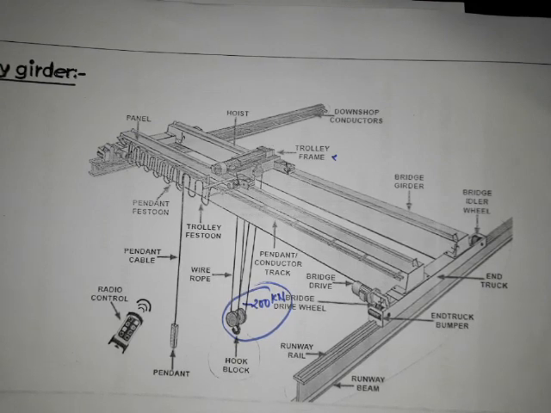So I was discussing the design of gantry girder, and in the last session we finished with the different load considerations: the load transferred by self weight of the crane, the crane capacity, then self weight of the trolley.